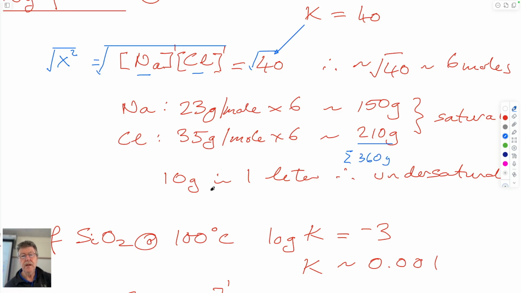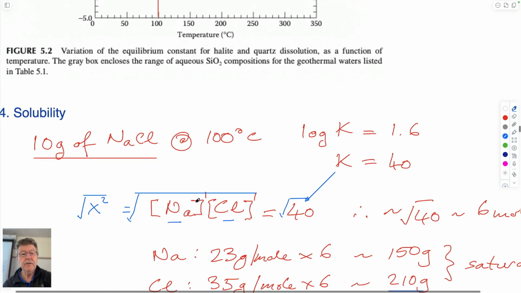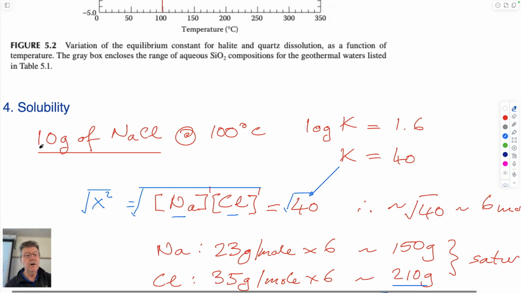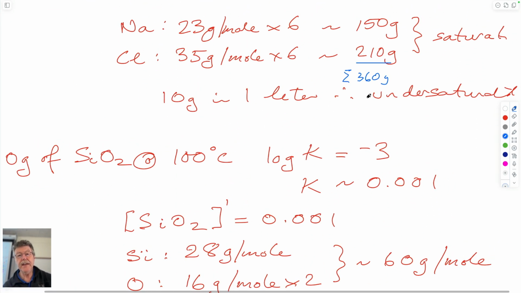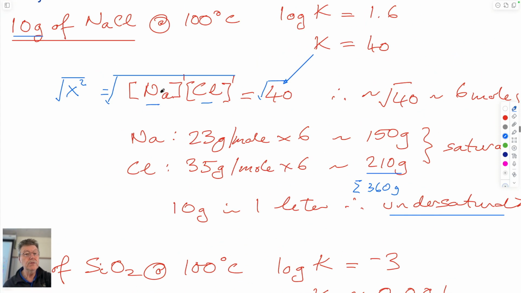grams. So if in 1 liter of water you had 10 grams of sodium chloride, the equilibrium concentration that it can handle is 360 grams. So this would be undersaturated. It would dissolve the sodium chloride that you put in there, and it would go to no solid sodium chloride.